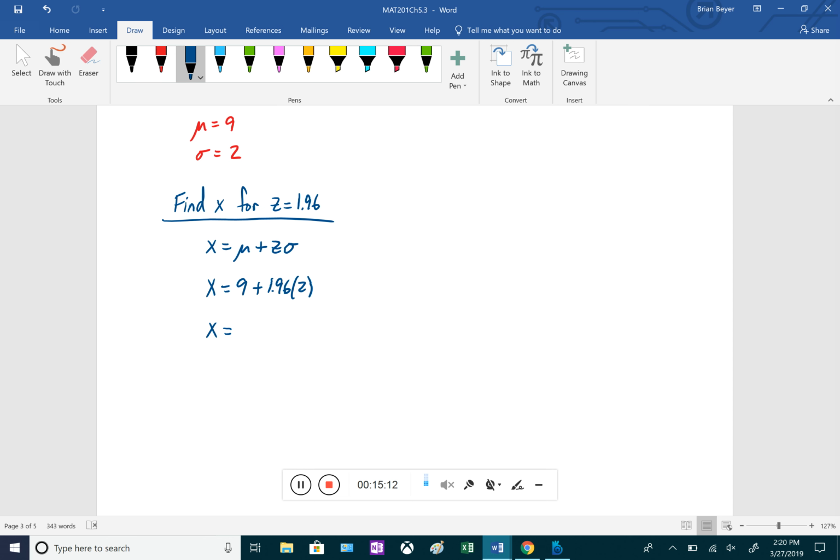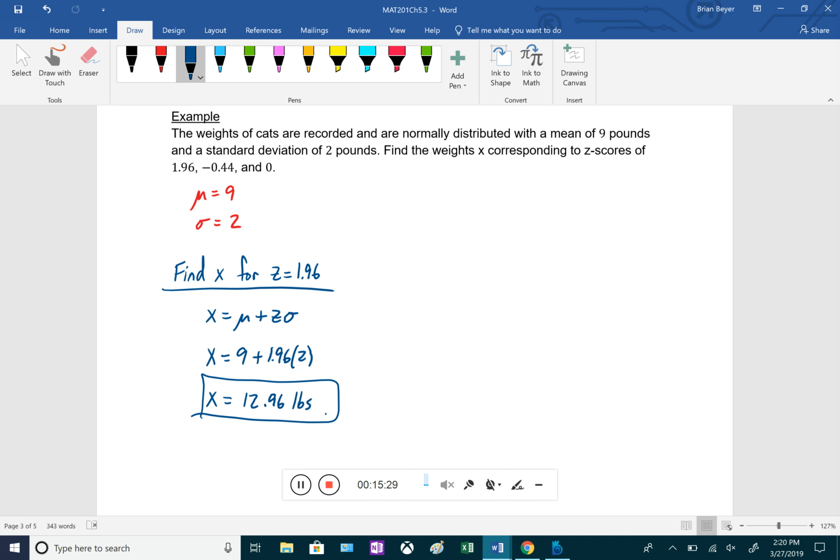You have to do the multiplication first, 1.96 times 2, and then you add 9, and you should get 12.96. This was a weight in pounds, so 12.96 pounds. What this means is that a weight of 12.96 pounds is 1.96 standard deviations above the mean of 9 pounds.